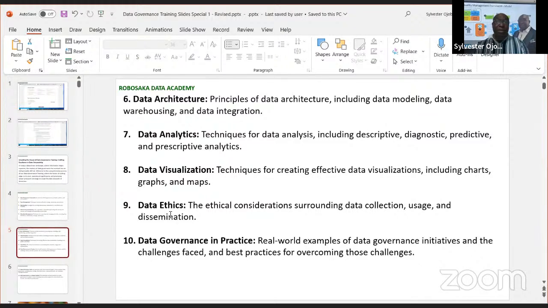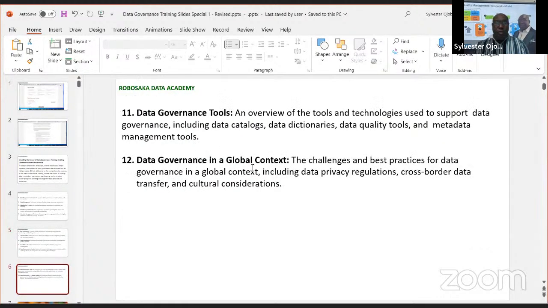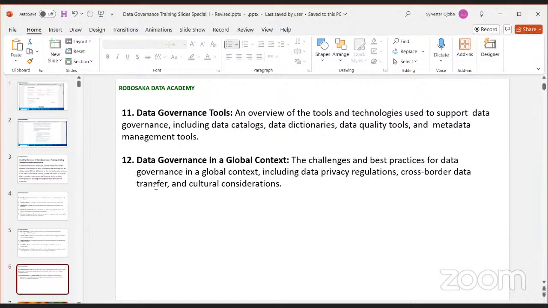I'm going to take you to practical very soon. So very important. In most cases, these two here, the tools, that's what you're going to see in practical. Number 12 here, we have always been inculcating it in any of our training in a global context.